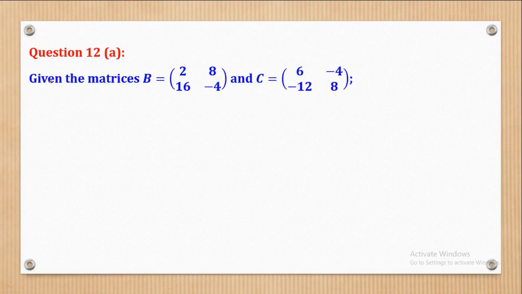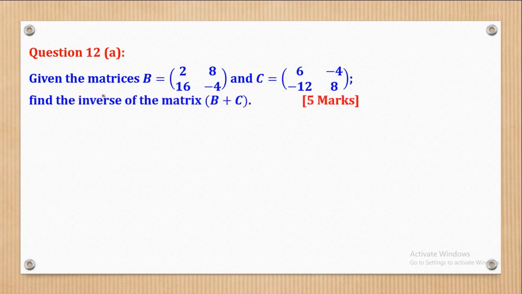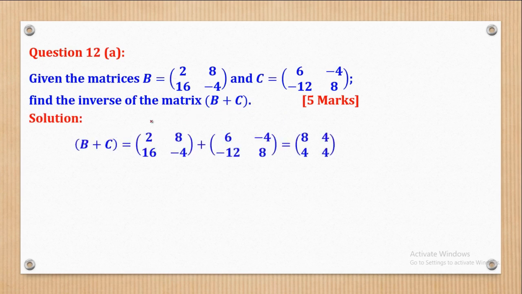Question 12a says, given the matrices B equal to 2, 8, 16, negative 4 and C equal to 6, negative 4, negative 12, 8, find the inverse of the matrix B plus C, and they give it 5 marks. So for you to get the inverse of that matrix, you have to first get this matrix of B plus C. So B is here and C is here.